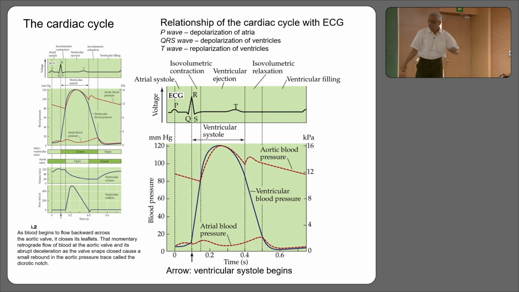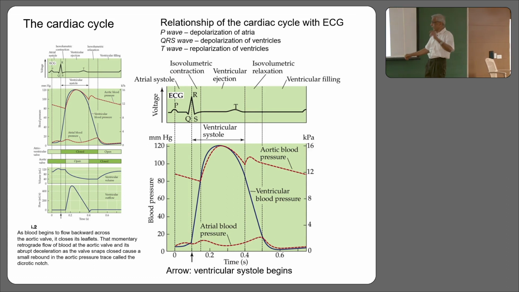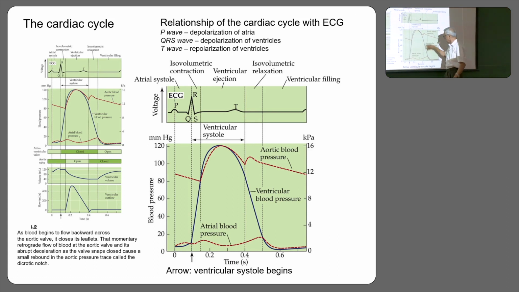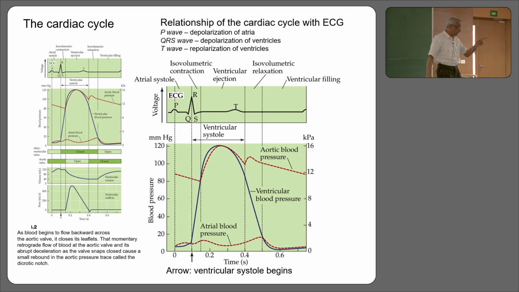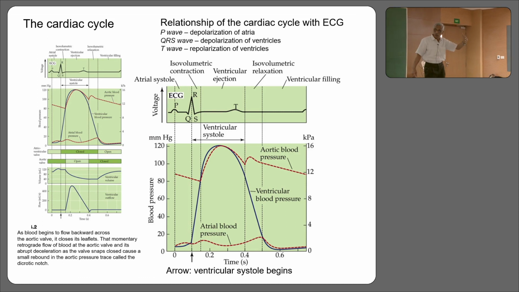And my record, this blue line here, is my record. How do I get the record? By that pressure sensor which I have implanted, sitting in the left ventricle, and I will monitor the data generated over a period of one cycle.